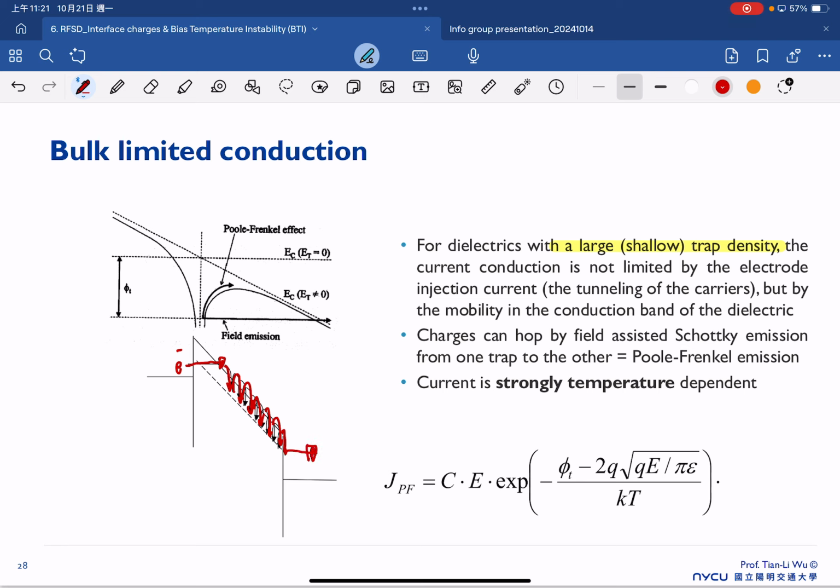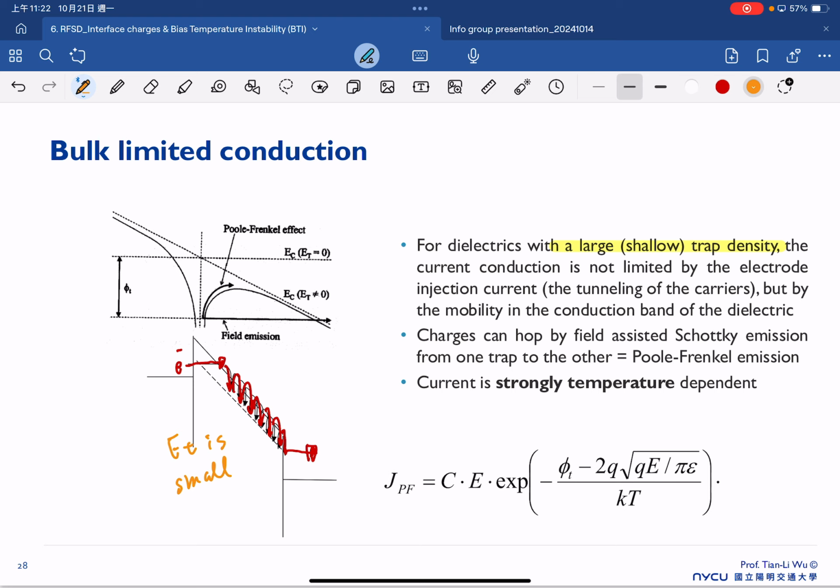And also the trap energy for this defect is small. So that means the electron can easily go through the dielectric by this defect. And in this case, no matter how large or how thick your dielectric is, it doesn't matter. It's always limited by the bulk conduction here.